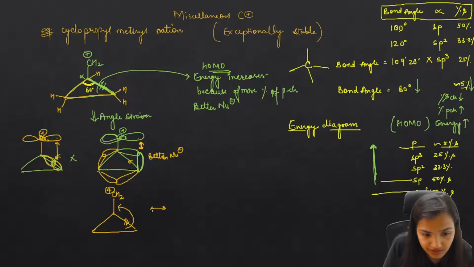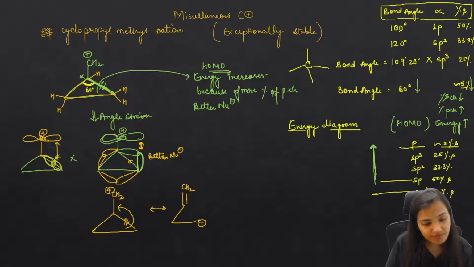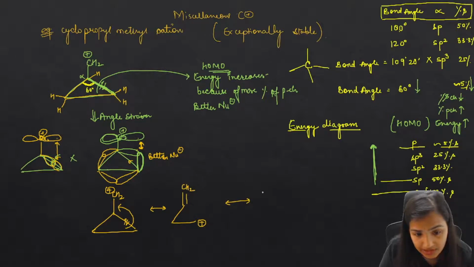So we can draw the resonating structure, something like CH2. This will become this, and because the bond is getting broken from here, we will be getting a positive charge from this side. Or you can say that here this will also show the resonating structure, something like this.